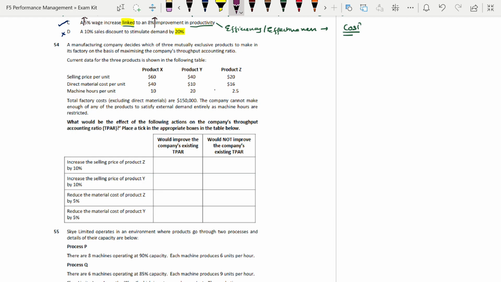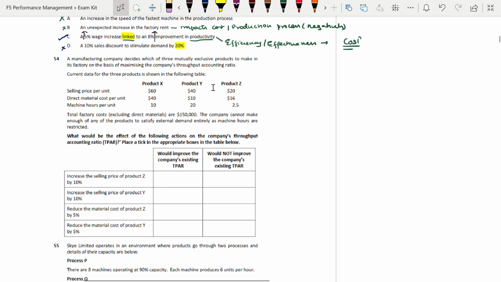Yes. Now, what would be the effect of this? They are saying a manufacturing company decides which of three mutually exclusive products to make on the basis of maximizing company throughput accounting ratio. Selling price, direct material, machine cost, total factory cost.